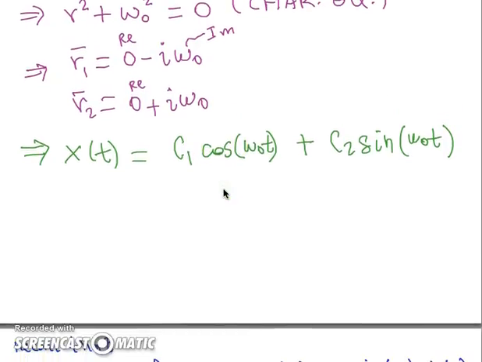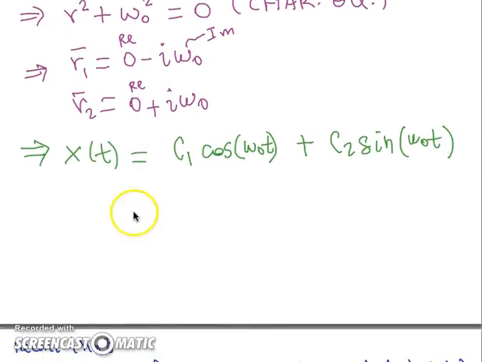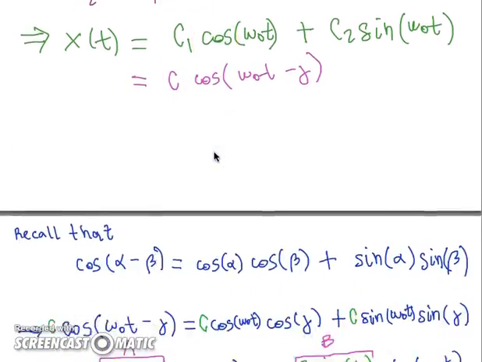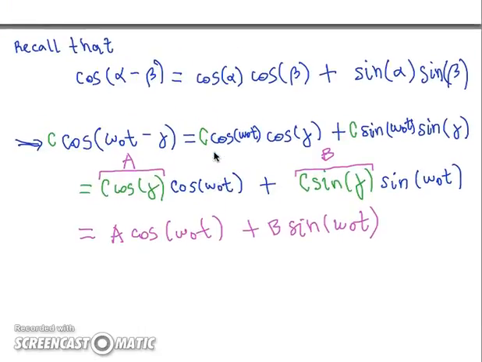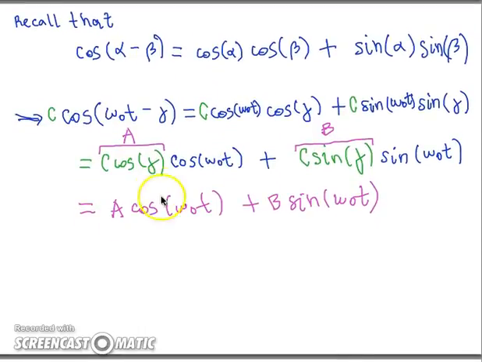Basically, this is equal to c times cosine of omega t minus gamma, where c is a constant different from c1 and c2, right? Because that linear combination of cosine and sine now depends on these constants I'm calling a and b.